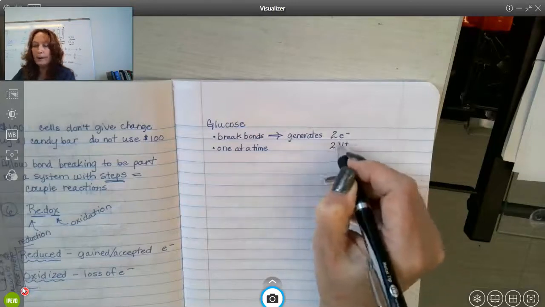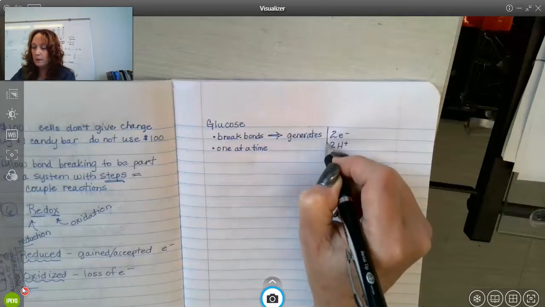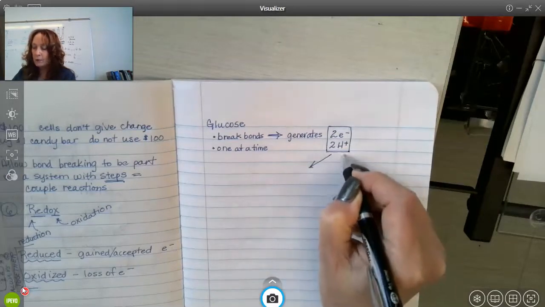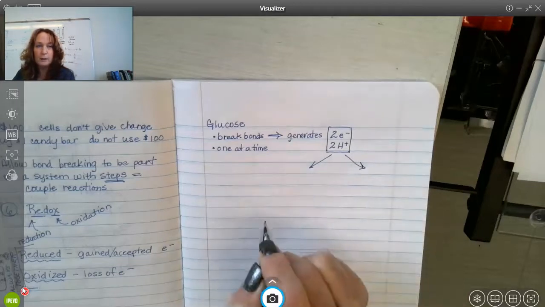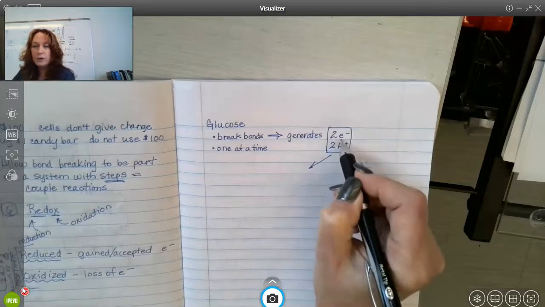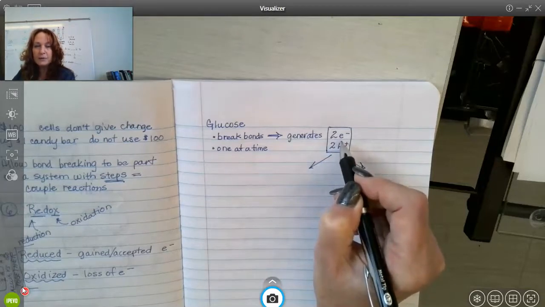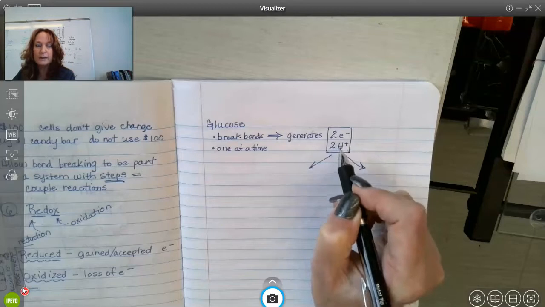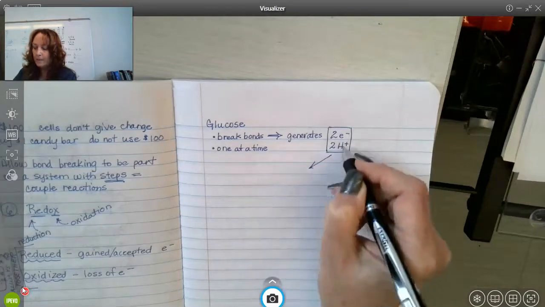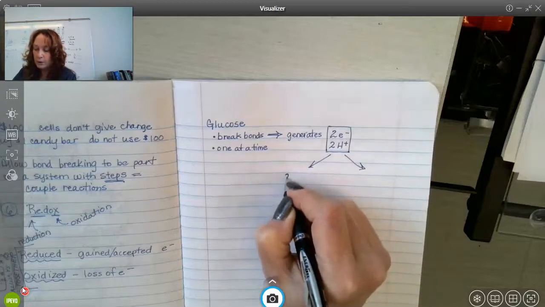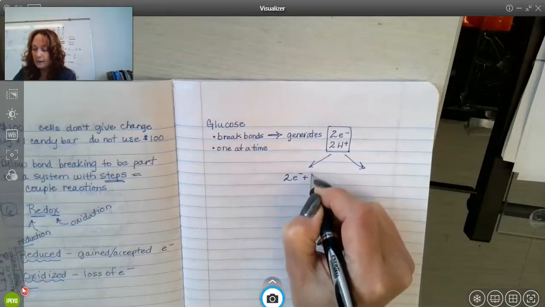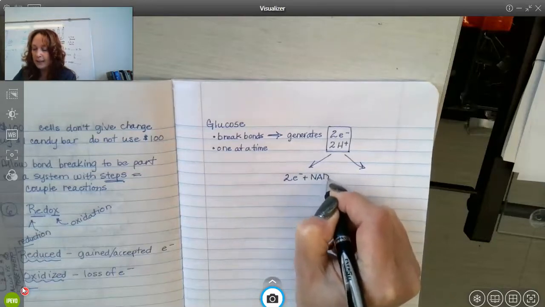So the way this works is these are going to be passed off to 2 different processes. The electrons themselves have to be given to an electron acceptor, an electron carrier. So these 2 electrons are going to be given to a molecule called NAD.